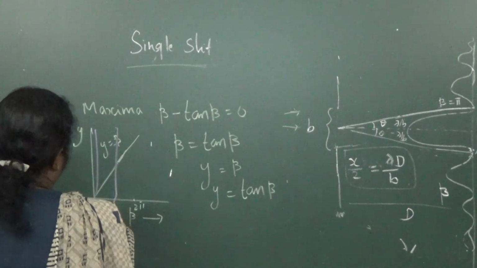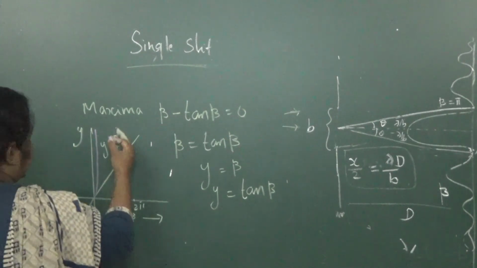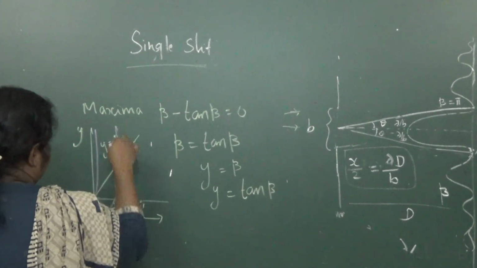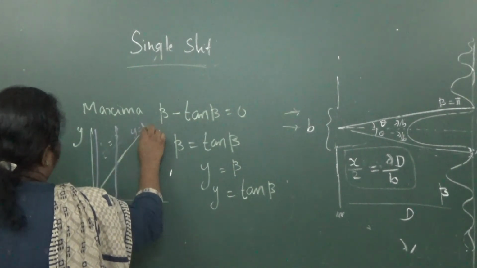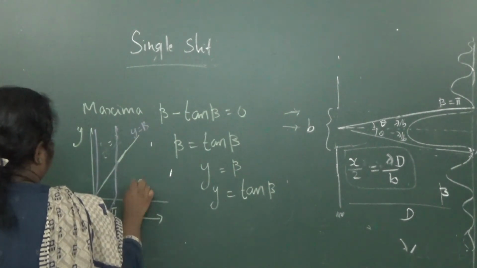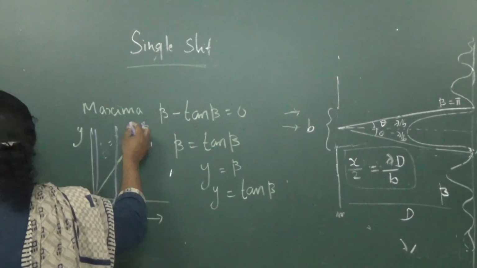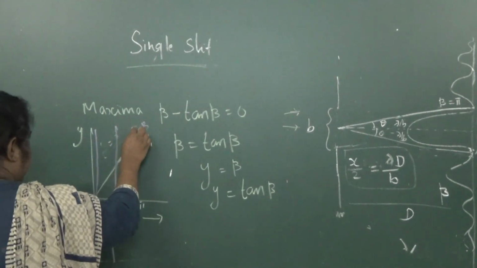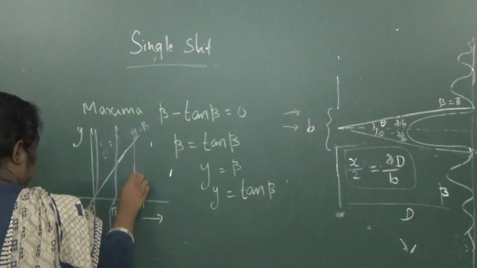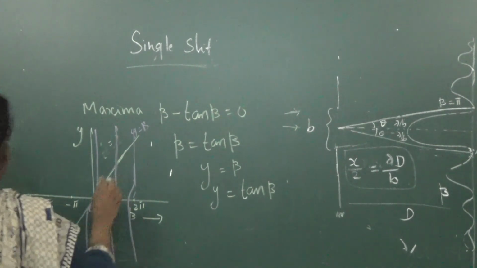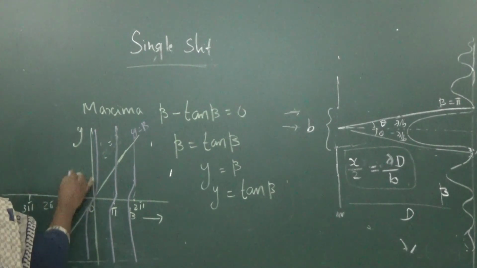When it approaches pi, it will go to infinity, the tan beta graph. This is for the y is equal to beta graph. Similarly, you have this function, etc. The symmetric curve is here.